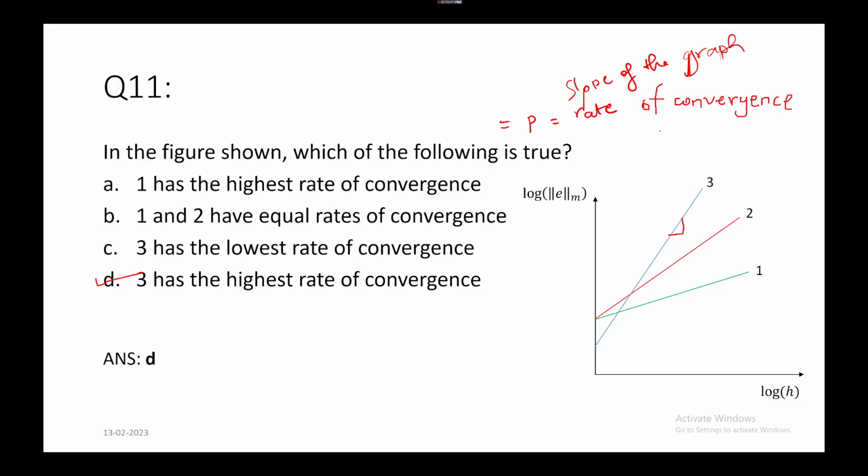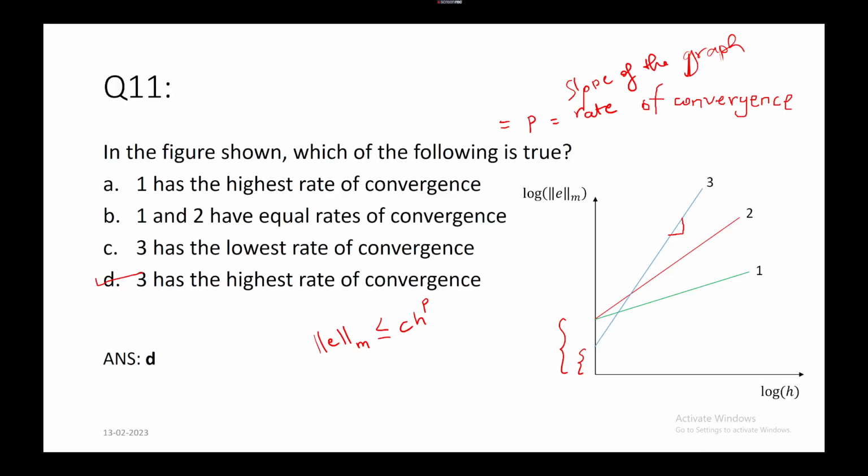So in the same question, can anybody guess what is this intercept value? So we saw, right, in the modulus of e_m, double modulus, less than or equal to C times h power p. So from this, taking the log on both sides, we got one expression.